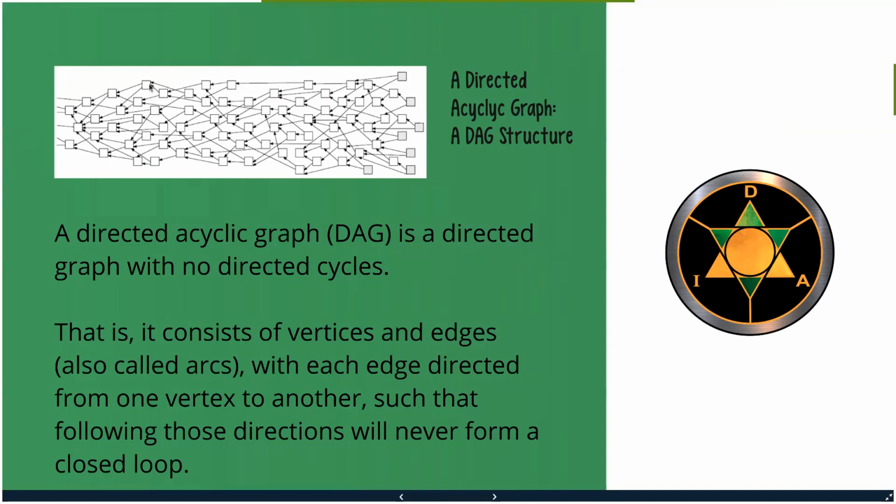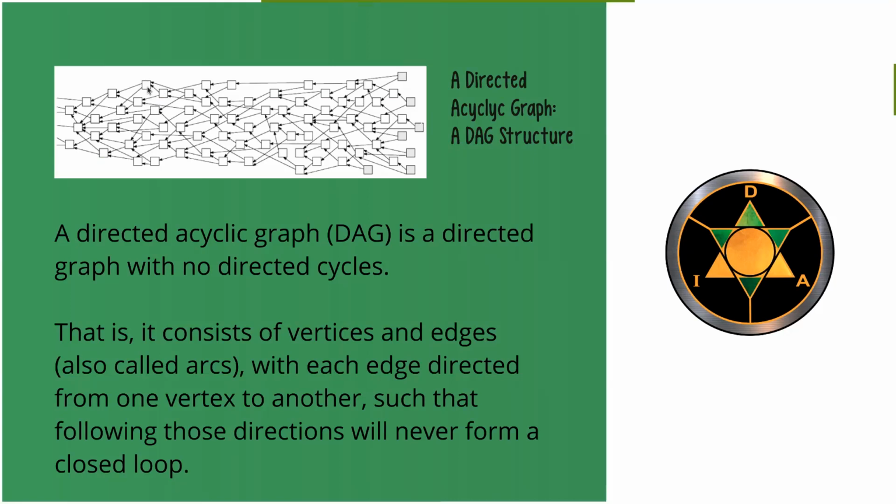Those vertices represent transactions, and those lines represent a transaction going from one point to another. The squares don't only represent the transaction, they also carry information about who is transacting, who the transaction is being sent to, and so on.